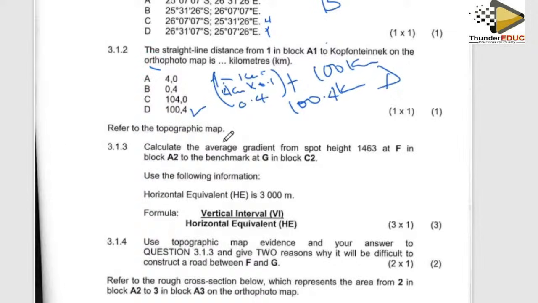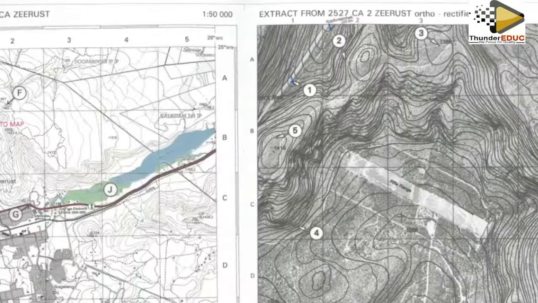Coming to the topographic map. The first question says, calculate the average gradient from the spot height 1463 at F in block A2 to the benchmark at G in block C2. So we come here, use the relevant information. The horizontal equivalent is 3,000 meters, which is given. So we just need to find the vertical interval. He said spot at F, where is F?